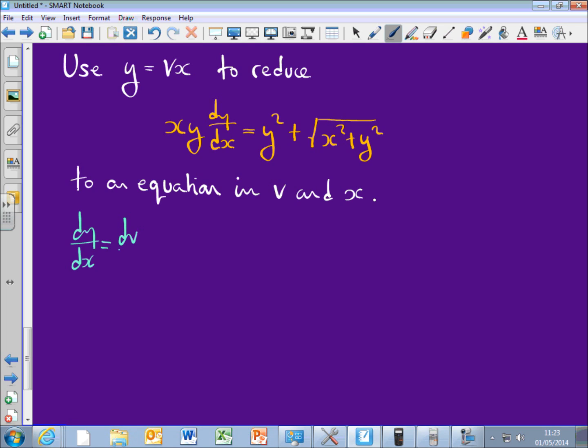Yeah, it's going to be the differentiation of v with respect to x. Is that implicit differentiation? Yeah. Cool. It's implicit, but it's a product as well. Yeah, I get that, but it is implicit for what v is. So, for example, if it was v squared there, Charlie, v squared x, what would it differentiate to?